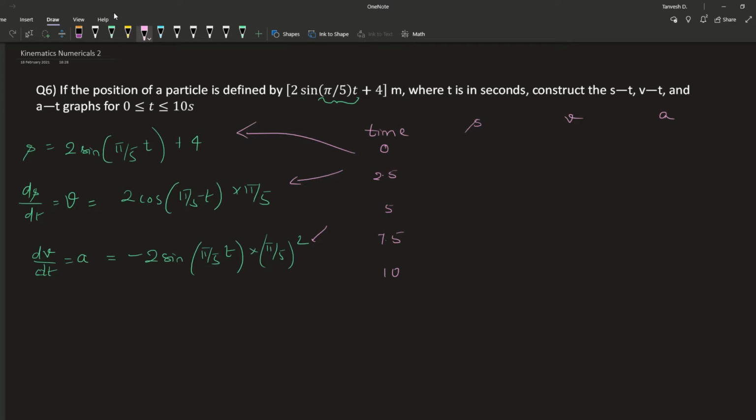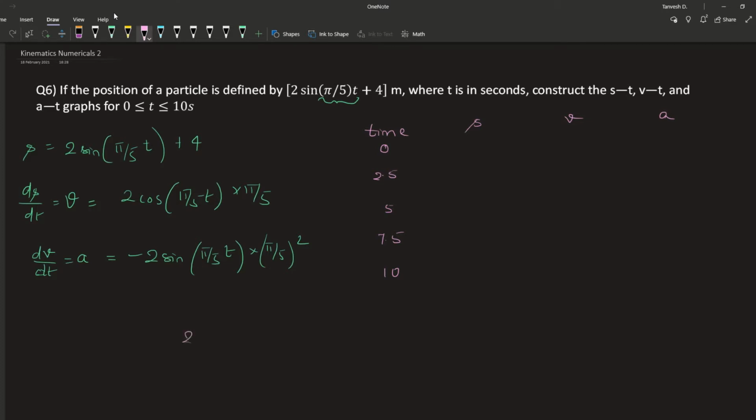Now the easier way to do this is in our calculator using the table function. The scientific calculators that we have, generally 991 ES and all, have a function called table. If we go in that table function, we can type these equations there.